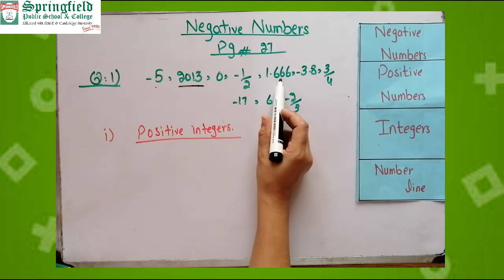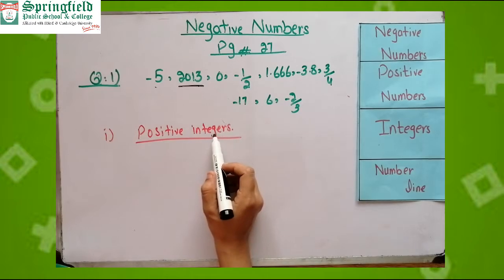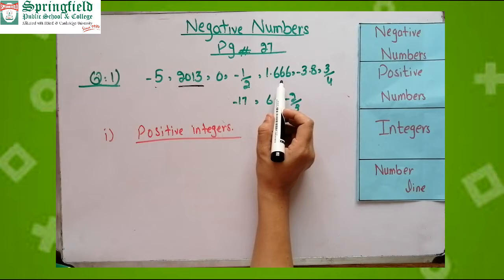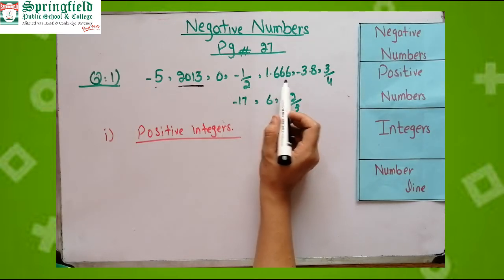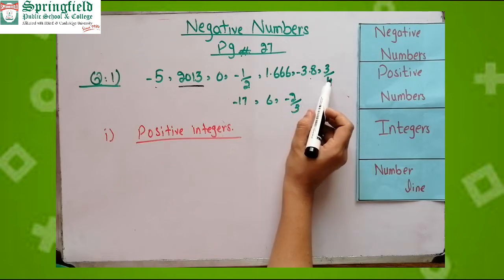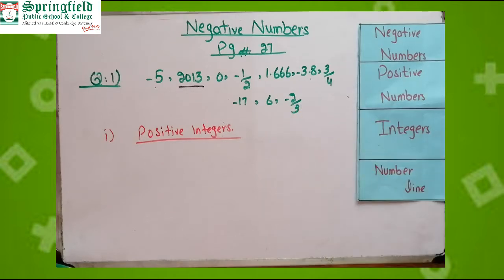1.666? No. Why? Because this is a decimal number. This is not an integer. They are asking about positive integers, so this is a positive number, not a positive integer. 3/4, no. Why?